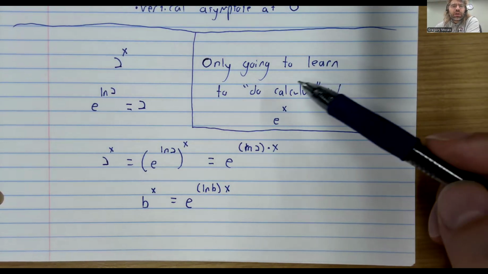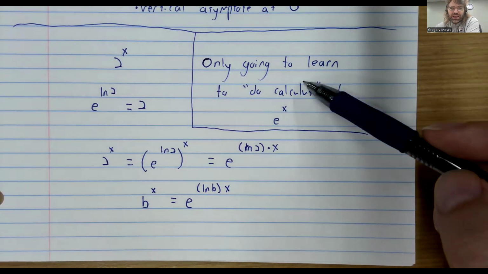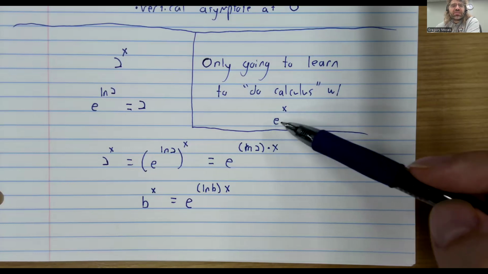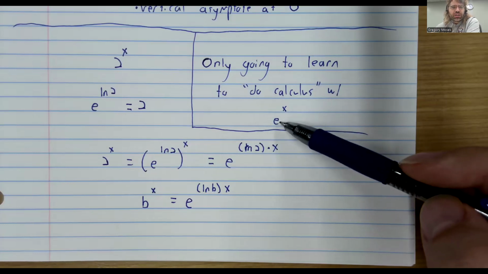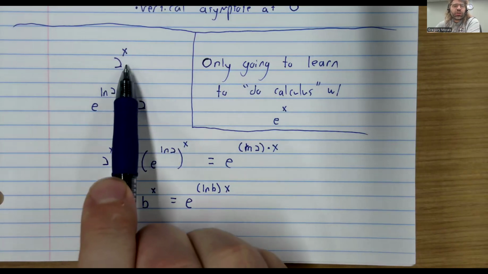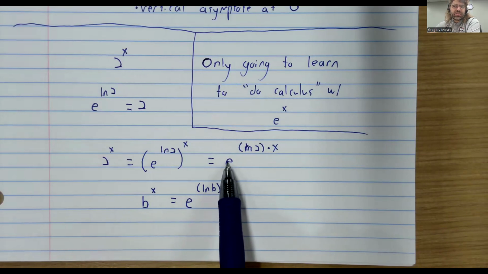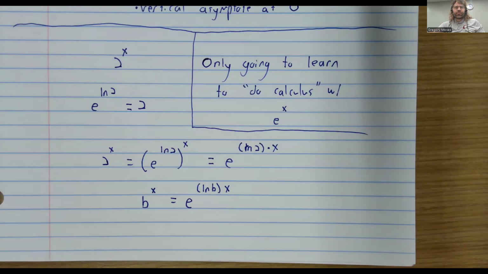So this is how we're able to get away with only doing calculus with base e exponential functions. Because if we have another base, we can use logarithms to rewrite it as a base e exponential function.